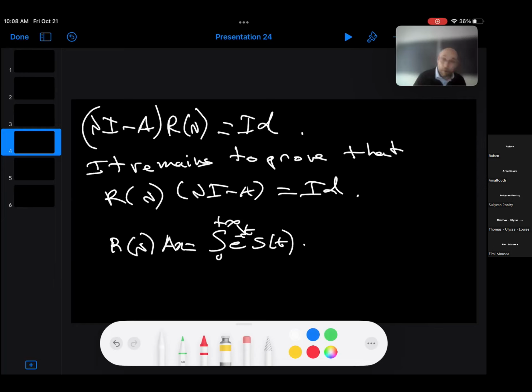So for all x in D of A, I need to have the right to write A of x. So for each x in D of A, now I just write the definition with A of x.